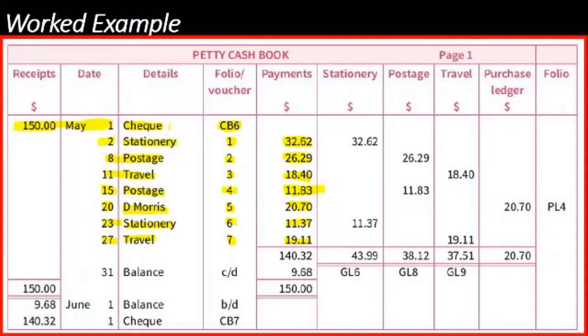What we want to do then is analyze our transactions, and we decide we're going to analyze them into stationery, postage, travel, and we will always have the purchase ledger here in case we pay some of our creditors, right?